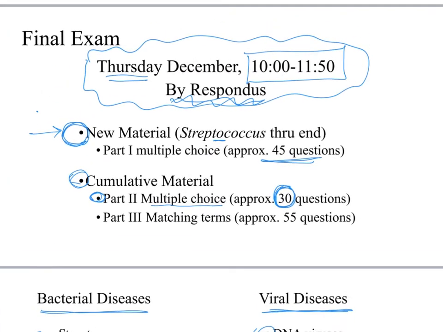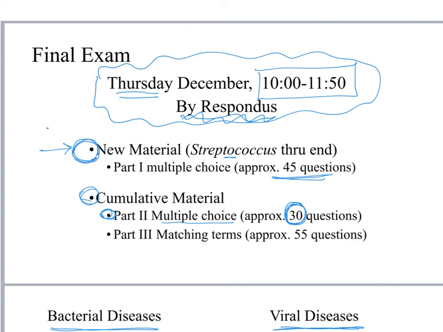And the last part of the cumulative material, which is actually the biggest part of the exam, is matching terminology. So these could be terms throughout the semester. No, I'm not going to give you a list of terms to study. Sometimes it's helpful to go to the end of the chapters.